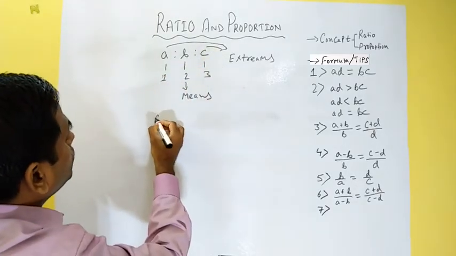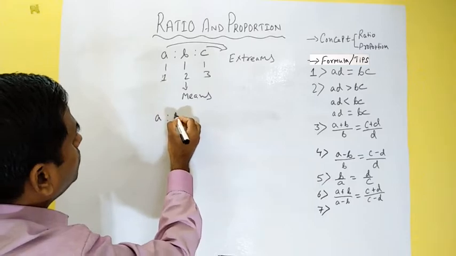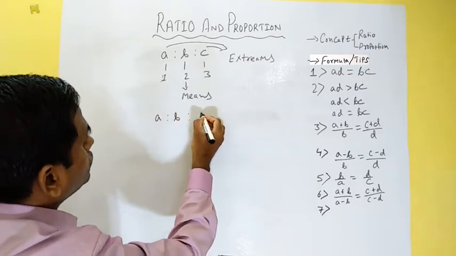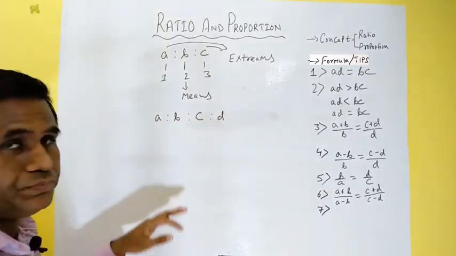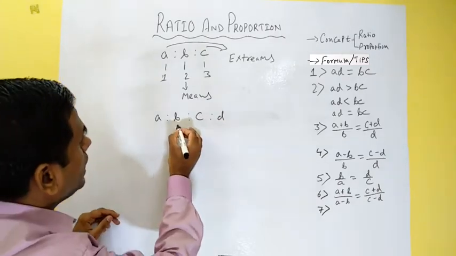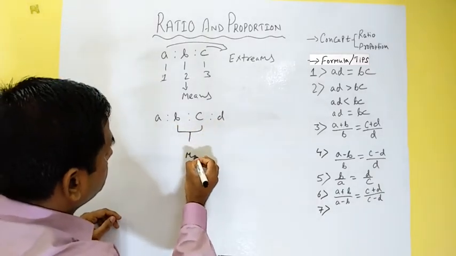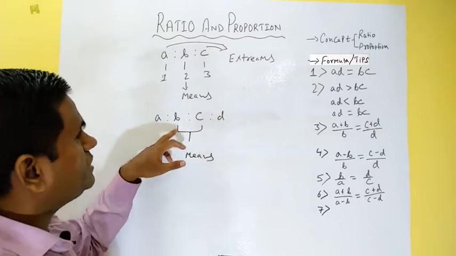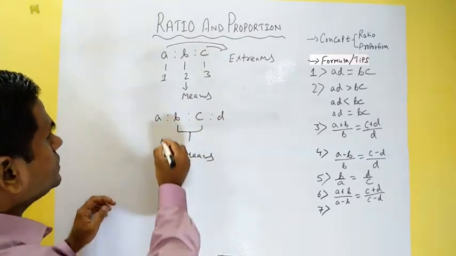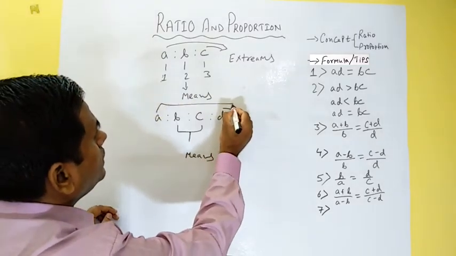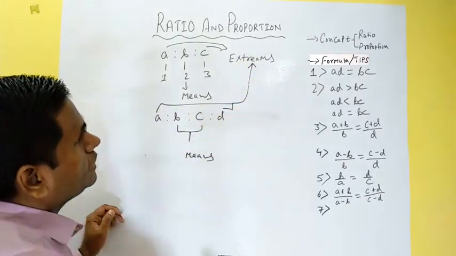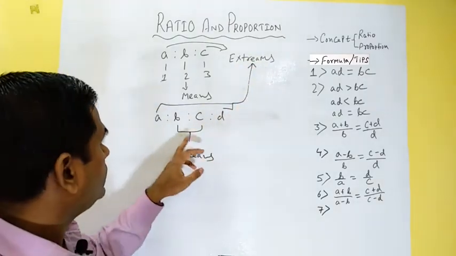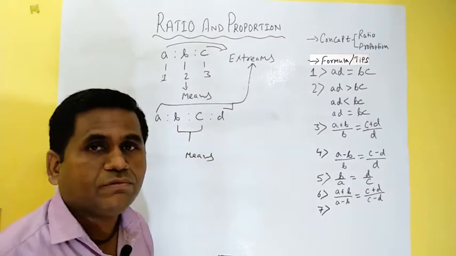Now it can also be like this, A is to B is to C is to D. In this case we have two means: B and C are means, and A and D are extremes. So this is means and extremes that we should know.